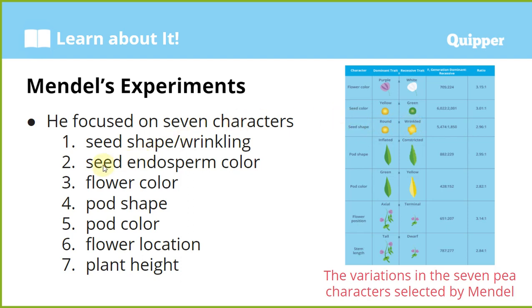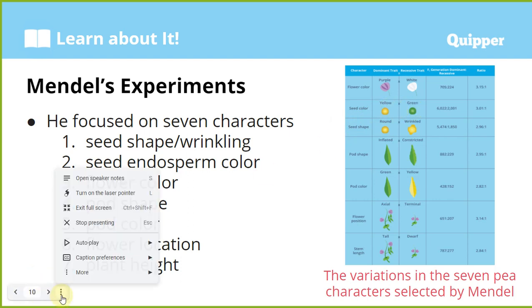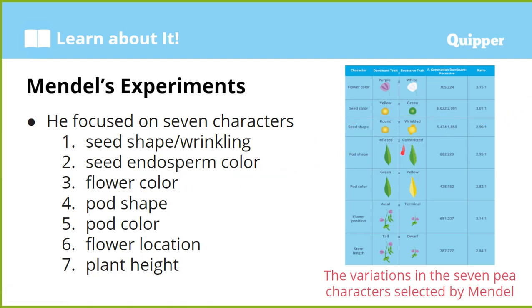Next, we have seed endosperm color, or commonly known as seed color. Ano ba yung seed color available for that garden pea? We have either yellow or green. Next, flower color. We have purple and white.